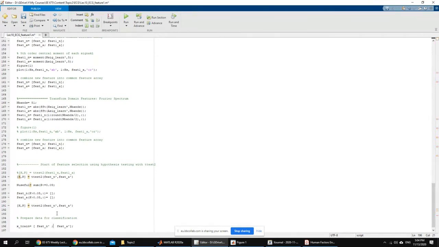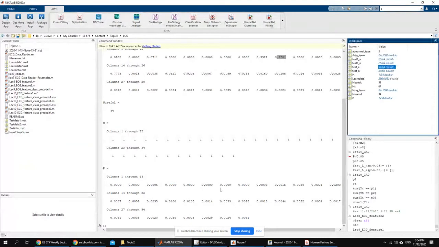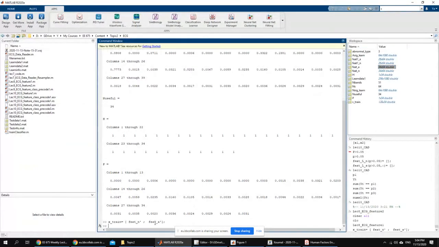So we have to put a semicolon so that they concatenate in the first dimension. Let's see what that gives us. X train now is 128 times 34. This is exactly what I want. This vector has 64 normal cases followed by 64 abnormal cases.